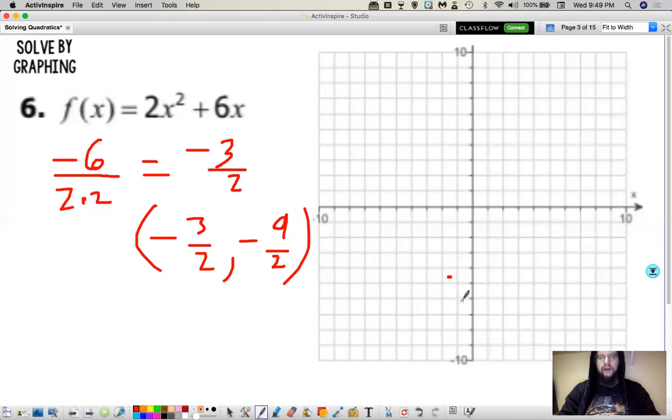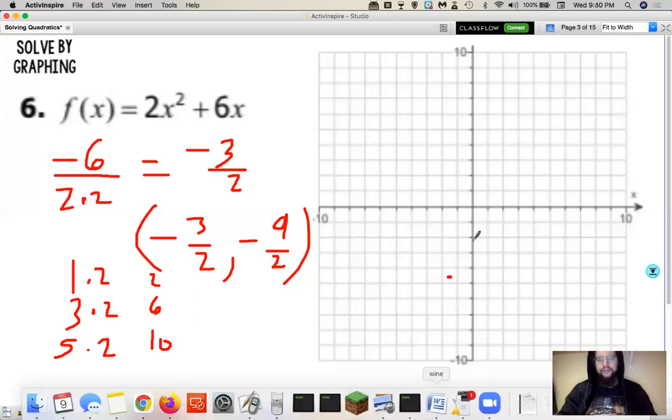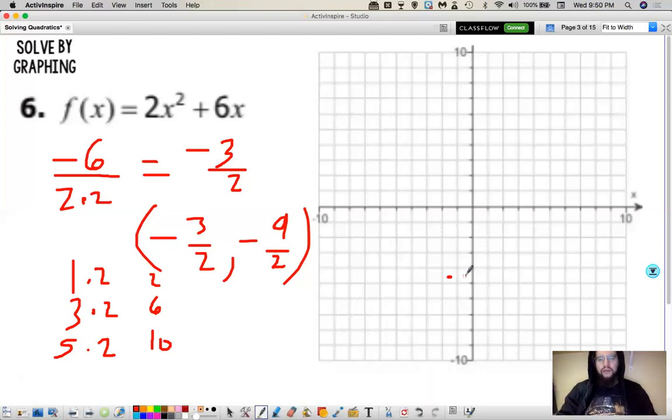And then we go up a times my odds. So 1, 3, 5 times 2. That's 2, 6, and 10. Obviously not going to go up 10 because, well, it's not going to reach. But let's try it. Right 1 up 2.